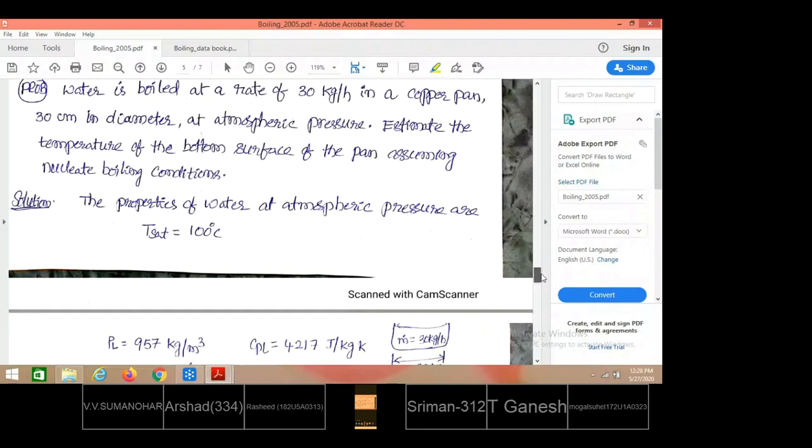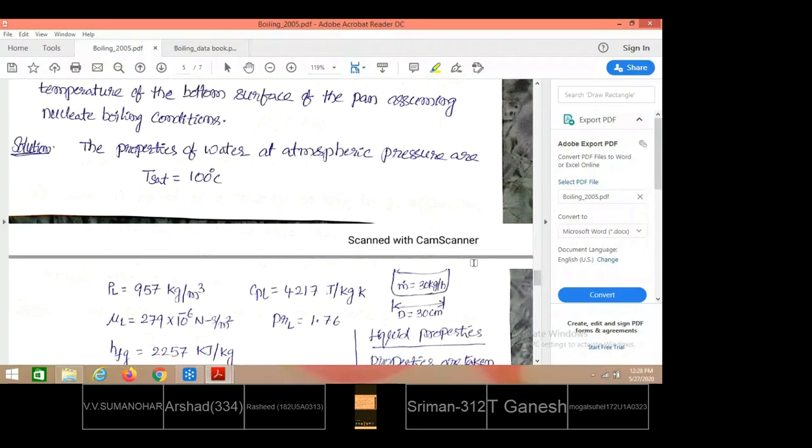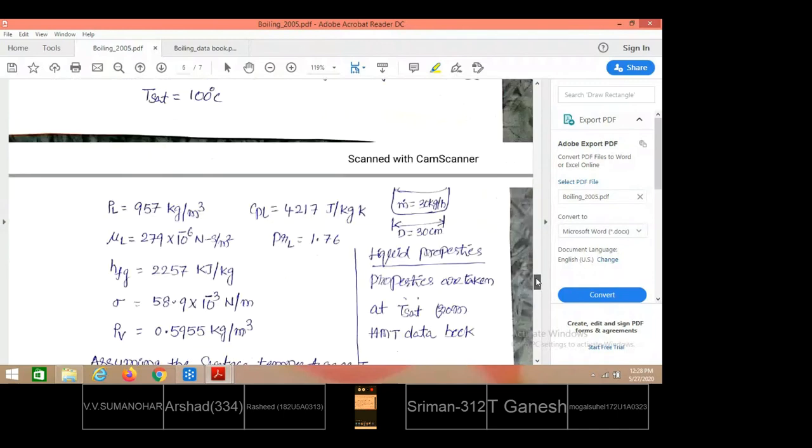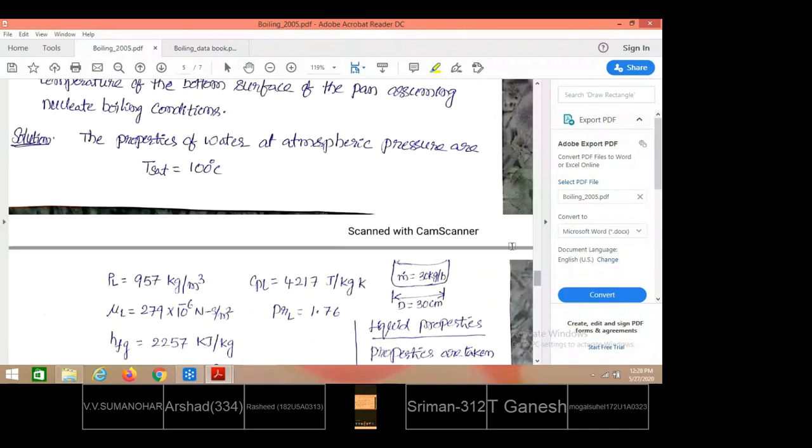That is what is given. The properties of water must be taken at T saturation at atmospheric pressure. So what is T saturation at atmospheric pressure? For water it is 100 degrees centigrade.